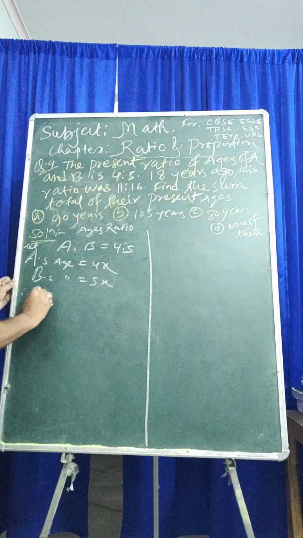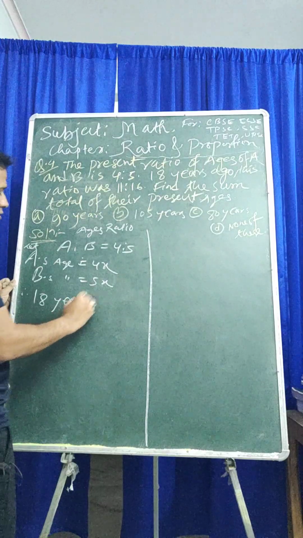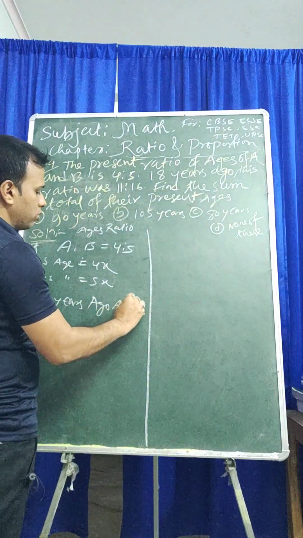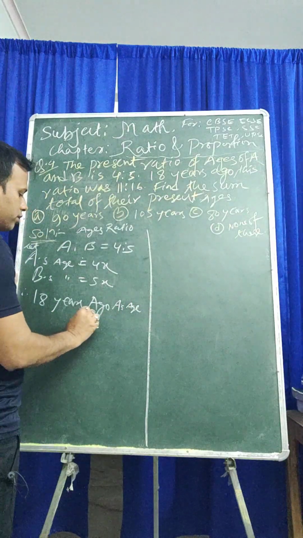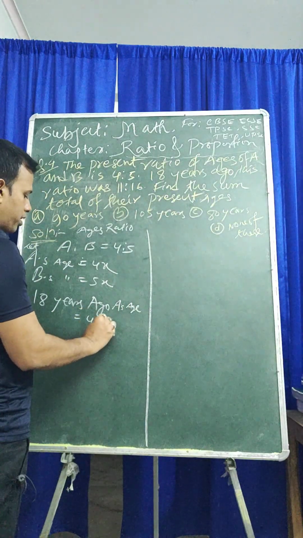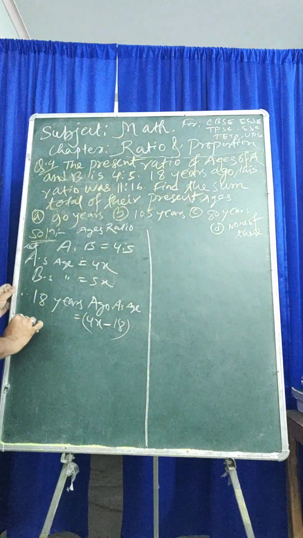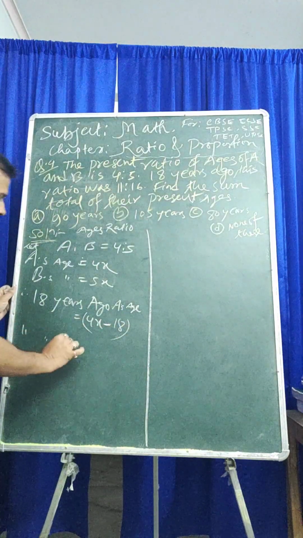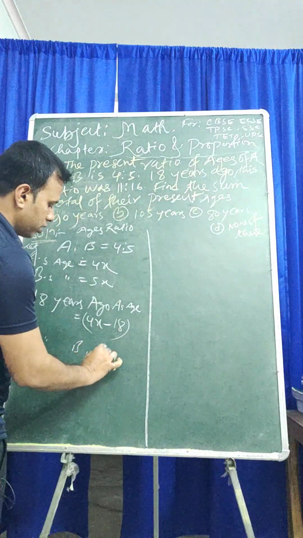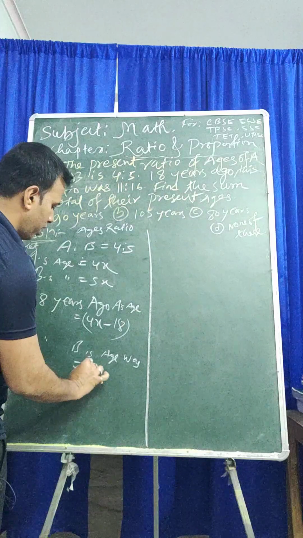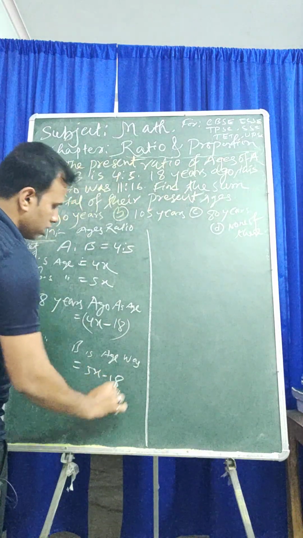Therefore 18 years ago A's age was 4x minus 18, and 18 years ago B's age was 5x minus 18.